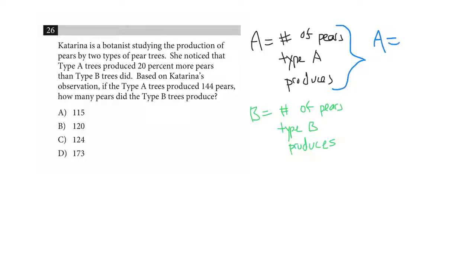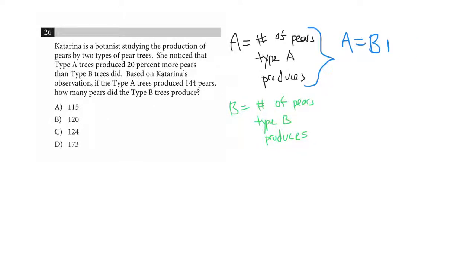Where we could also say that A equals 20% more than B. So that means it's B, which is the amount of pears that type B trees produce, plus 20% of itself, right?